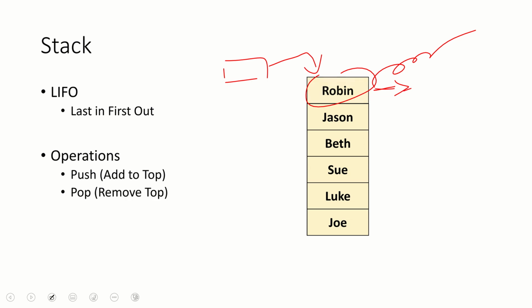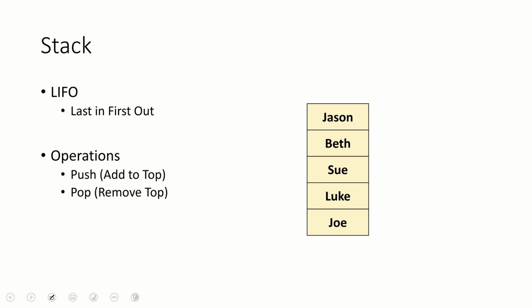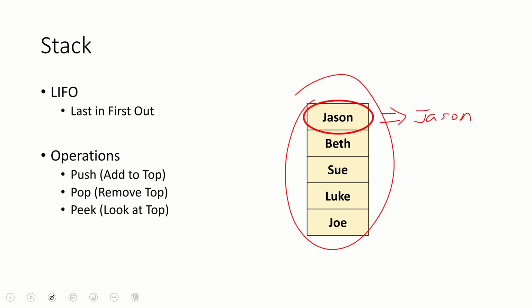The pop means we want to pop out the top one. Robin is the top one, so if we pop, Robin has to come out. And the peek means we want to know what's on the top. Obviously the current top one is Jason, so we know this is Jason.